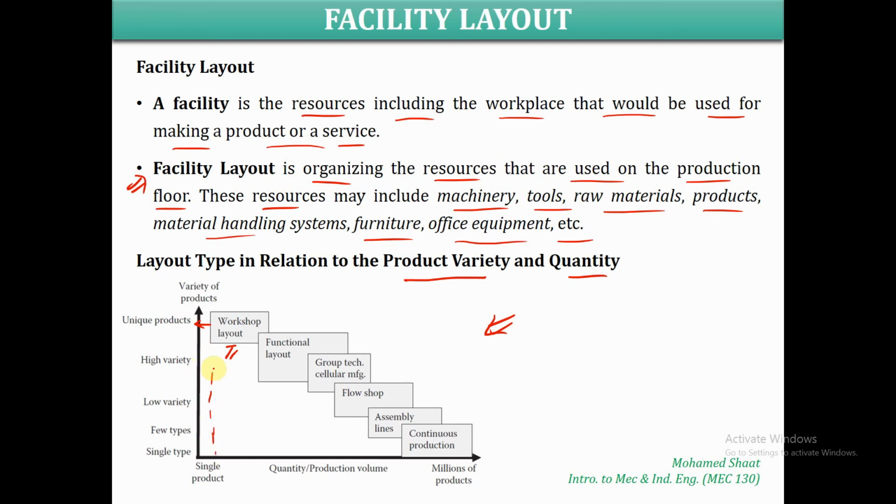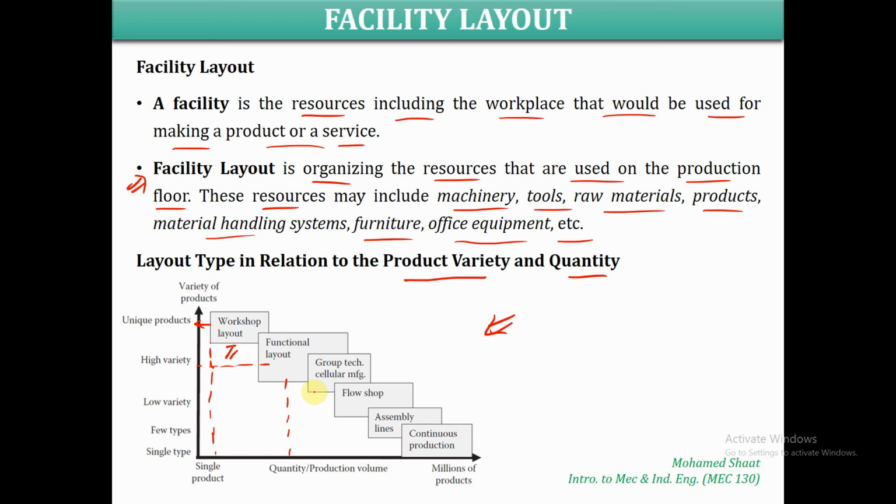In that case, the best way of arranging the resources within the workplace should follow the workshop layout. The functional layout comes next. It uses a high variety of products and it can give good quantities of the product.